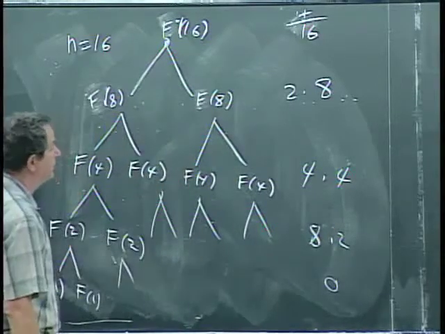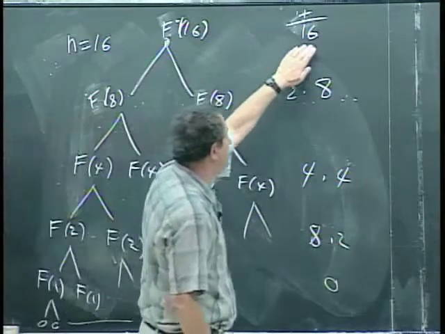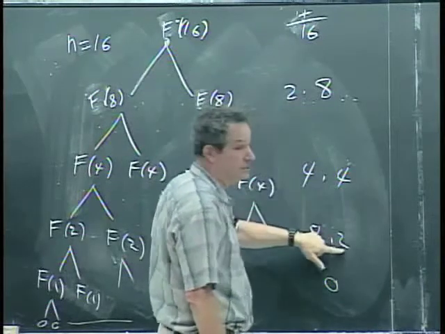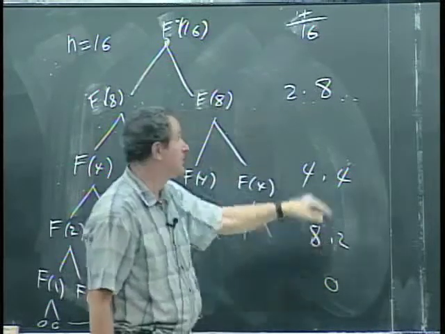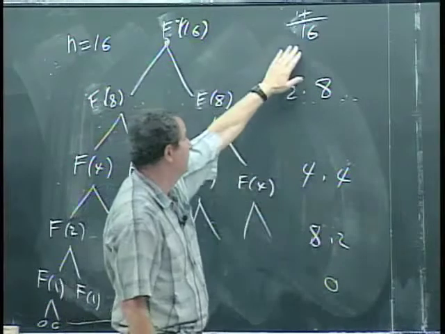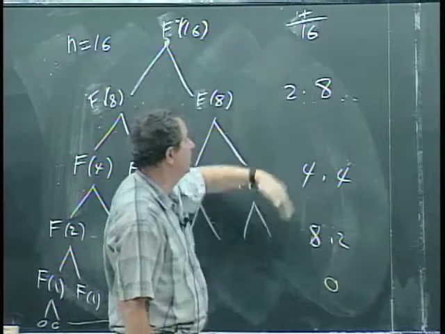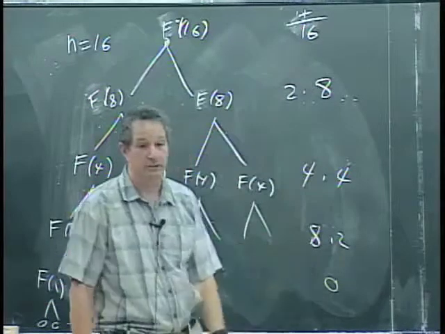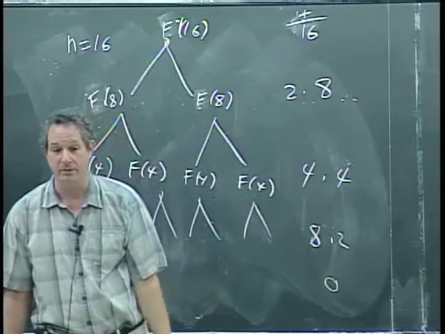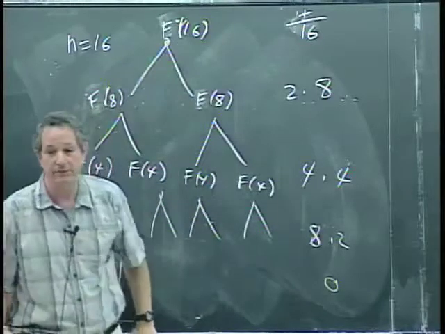Okay, so what is f of 16? It's 16 plus 2 times 8 plus 4 times 4 plus 8 times 2, which is equal to 4 times 16. There's 4 of them, and each level adds up to 16. So 4 times 16, is that 64? Okay, so we now know that f of 16 is 64.